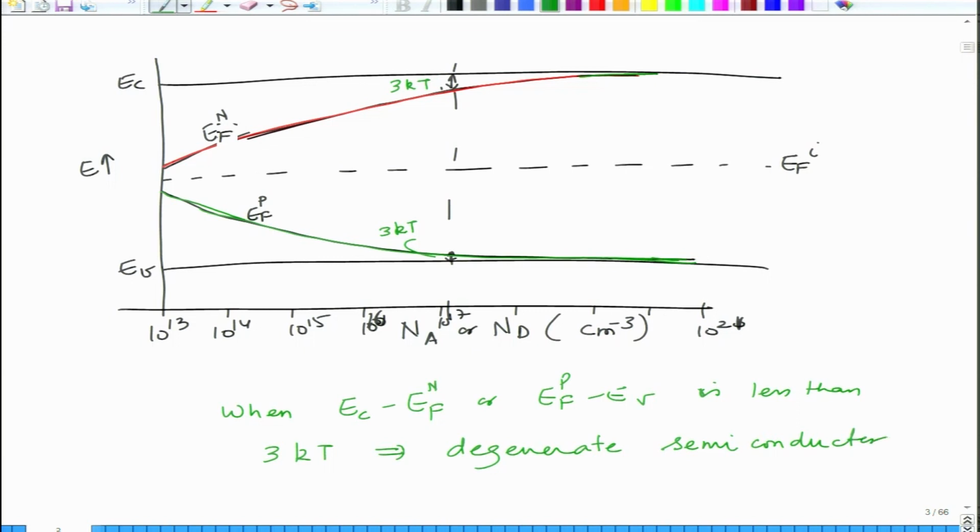It basically tends to become like a metal. So, essentially the Fermi level is almost merged into the valence or conduction band. So, this is the effect of concentration on Fermi level.